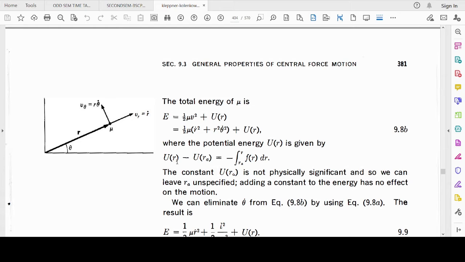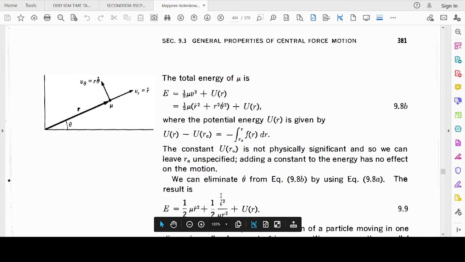That is given by minus integral f of r dr. In this case, the force acting on the body is f of r. So the potential energy is minus integral from infinity to r of f of r dr.